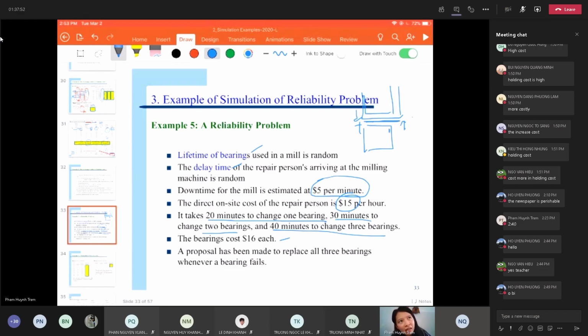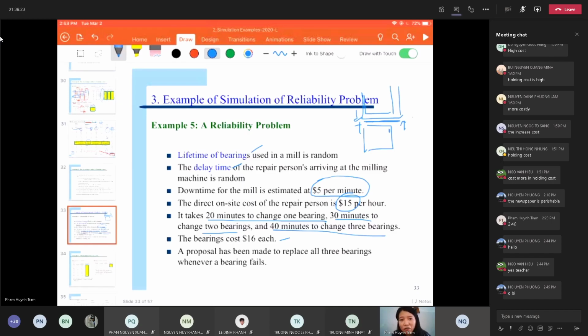So he thinks, instead of waiting for the other two bearings to fail and then calling the repairman, and again waiting for him to come, and every time opening the machine, it takes more time. If you open the machine 3 times to replace the bearing 3 times, it will take you 20 multiplied by 3, 60 minutes.